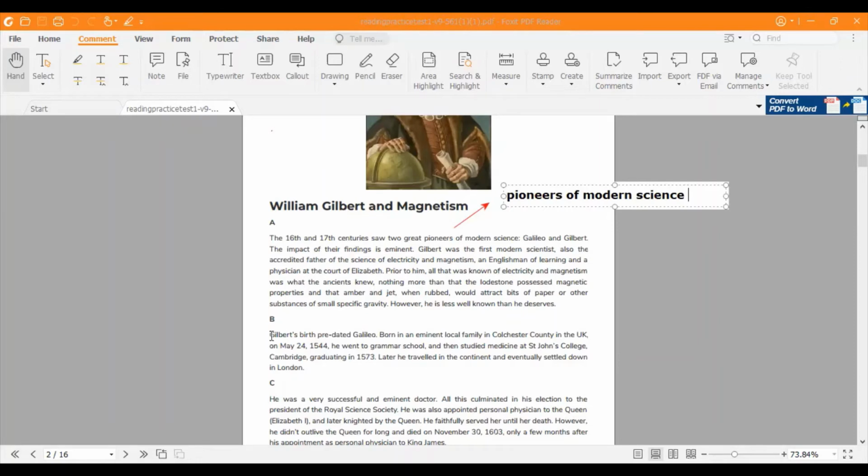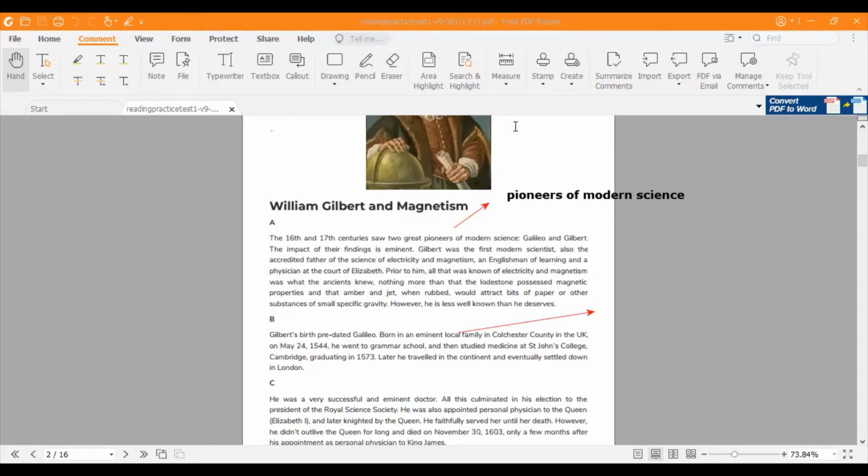You go to paragraph B and start reading the first sentence. He said Gilbert's birth predated Galileo, born in an eminent local family in Gloucester county in the UK. How would you summarize this one? What will you write here? He's talking about his life and where he was raised and born.